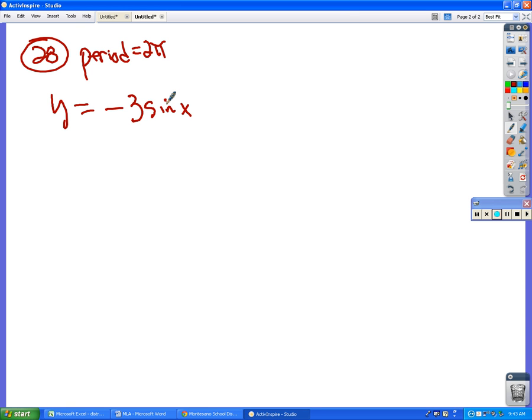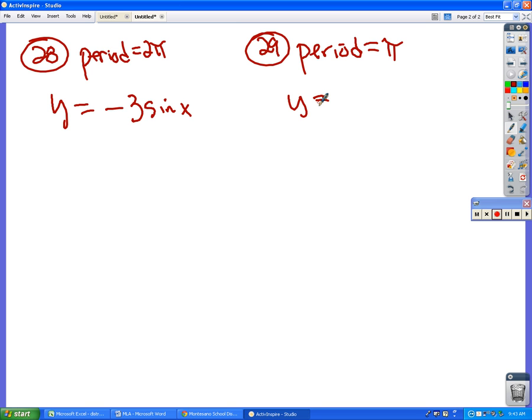So for example, if you look at 29, how long does it take that to complete one cycle? What's your scale? Yeah, it takes pi to complete a cycle. Because it goes up, down, and back up again, and then up, down, and back up again. It does 2 of them in 2 pi, so the period there is going to be pi.